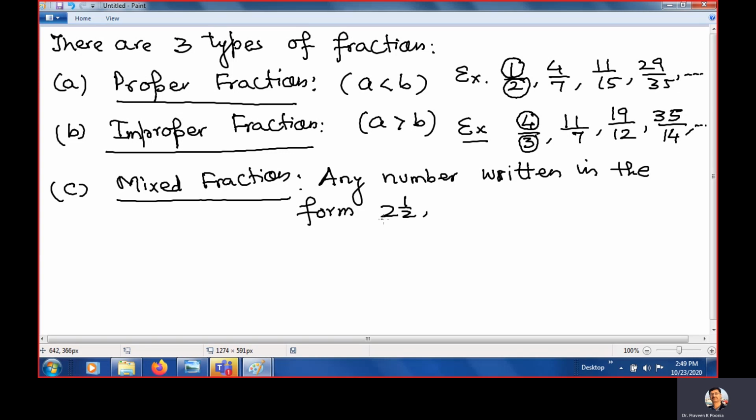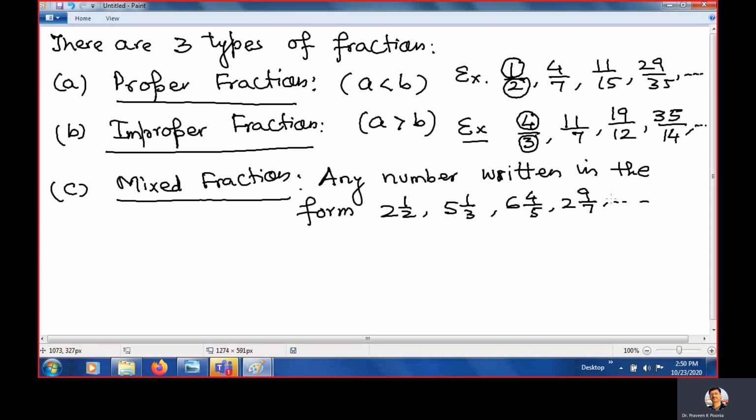Clear? A whole number, meaning an integer, and a fraction with that. For example, 5 1 upon 3, 6 4 upon 5, 2 9 upon 7.